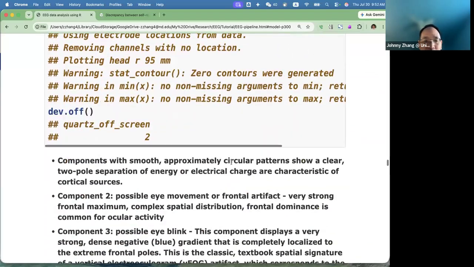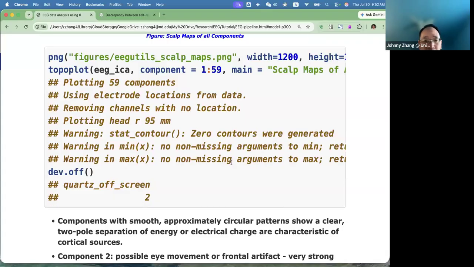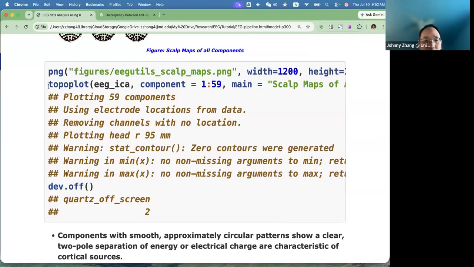And how do we generate those plots? We can directly use topoplots. This should be your ICA result, and you can select how many components you want to plot. Here, we plot from 1 to 59.